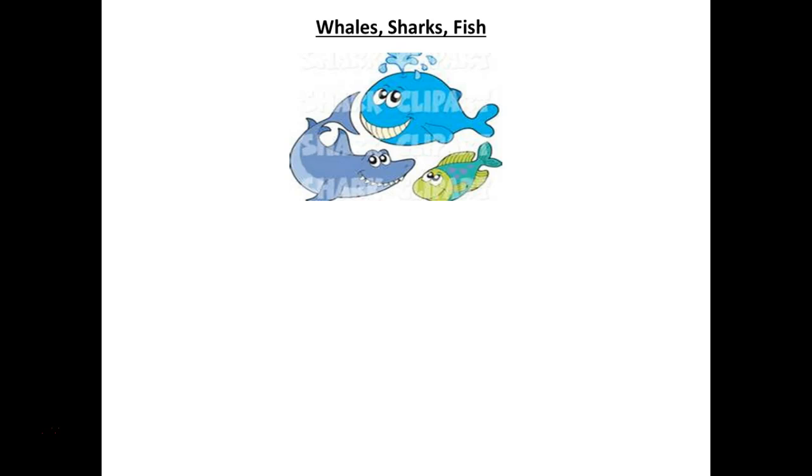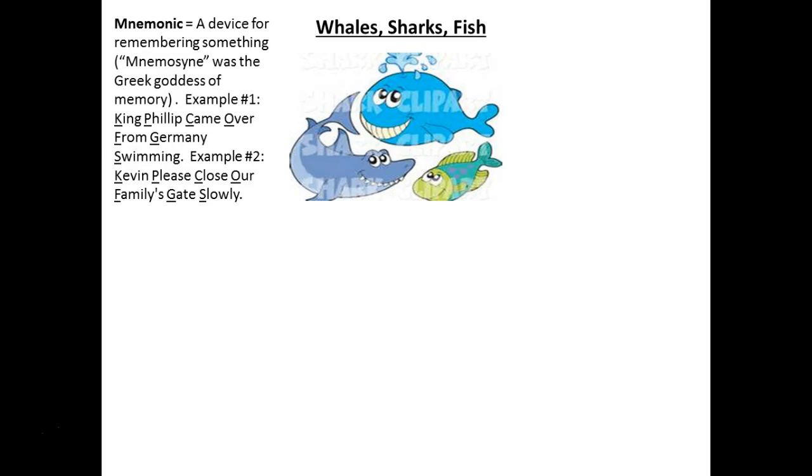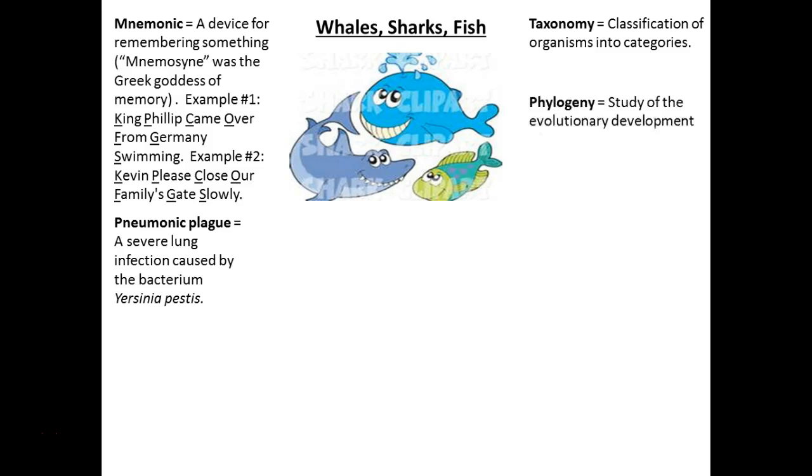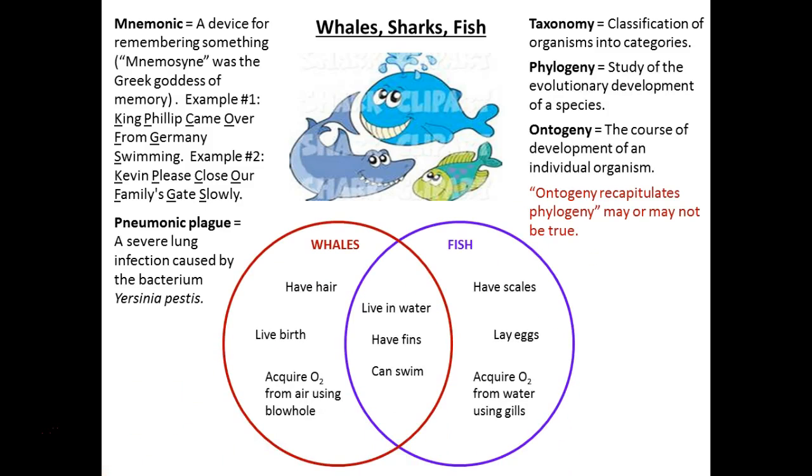They don't all have gills. Whales don't have gills, right? They breathe air. They all have fins, right? I want my Venn diagram. So they live in the water, they have fins, and they can swim.